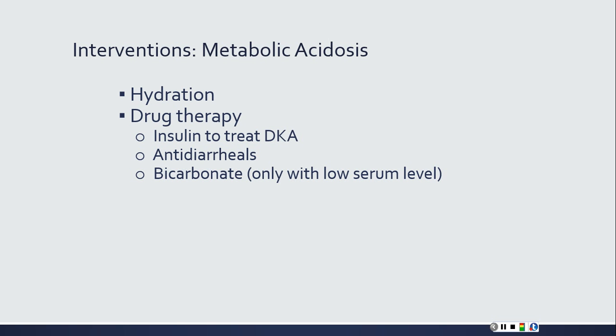Okay, but the body's response to hyperglycemia is polyuria. So we're flooding out. Everything's leaving. Okay, it's draining us of all of our fluids. So for one, we want to get the blood sugar down. We also want to hydrate.